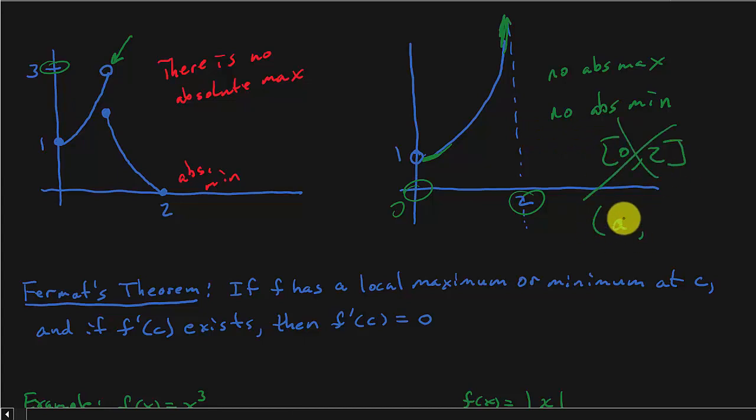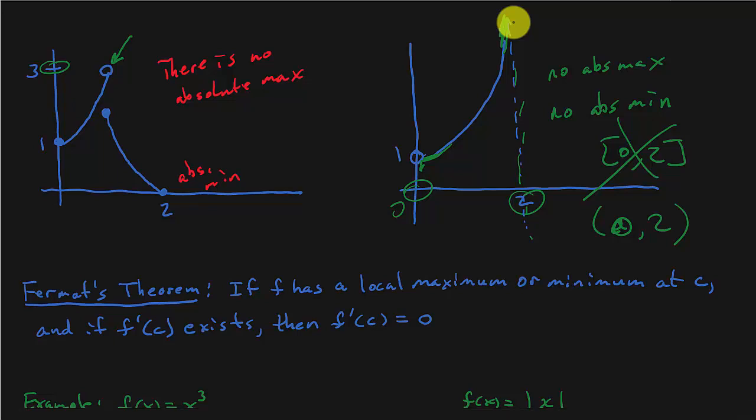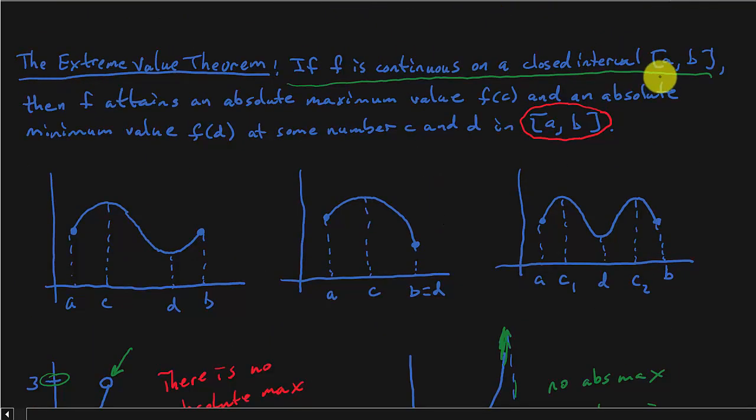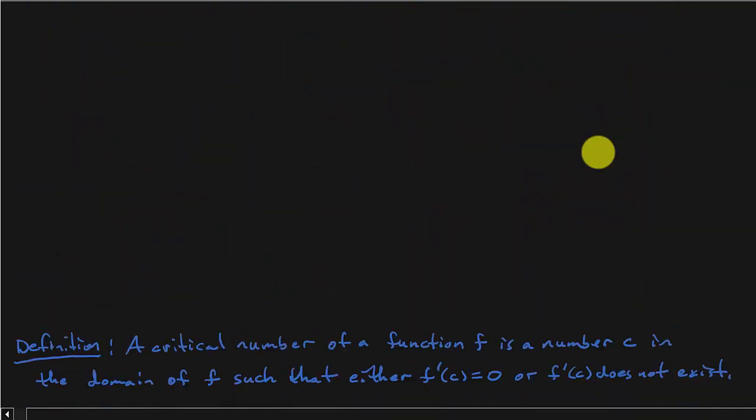It falls on the interval 0 to 2, because notice the x value does not include 0, and this graph does not hit 2. So it's on the open interval 0 to 2. So it's not going to follow this Extreme Value Theorem.